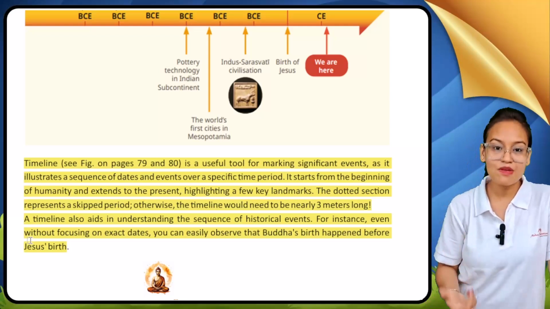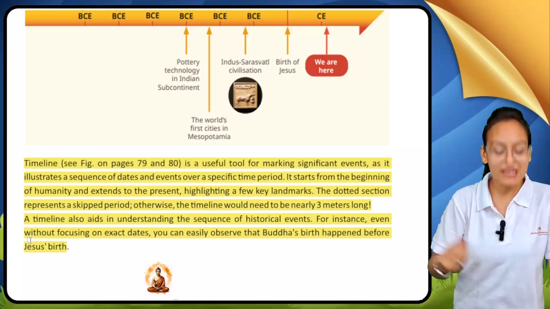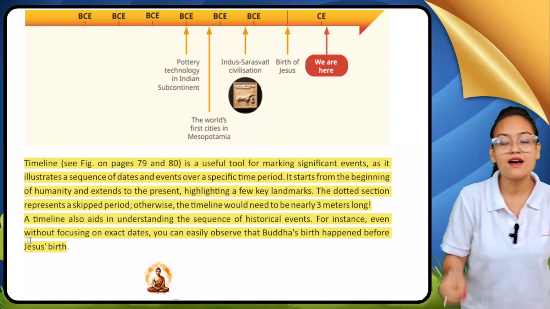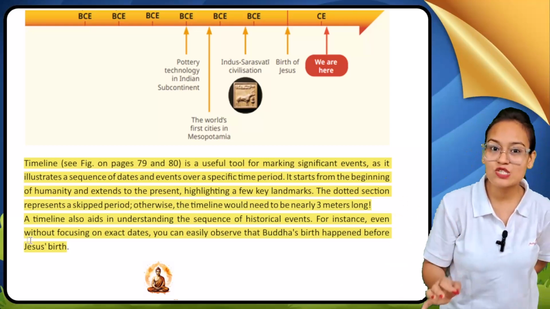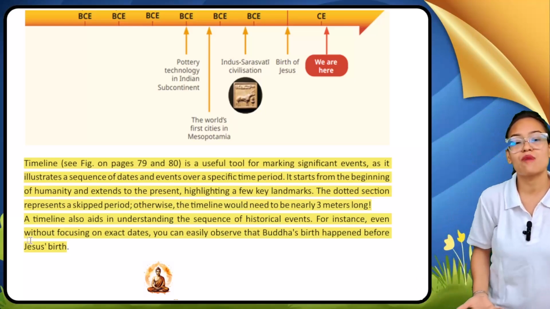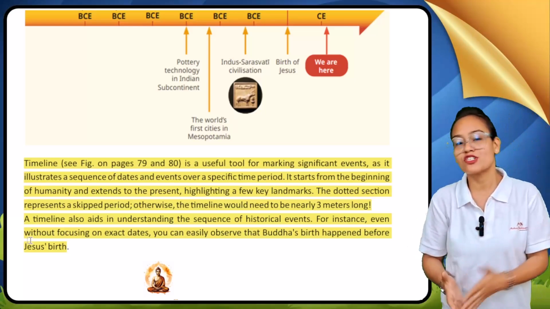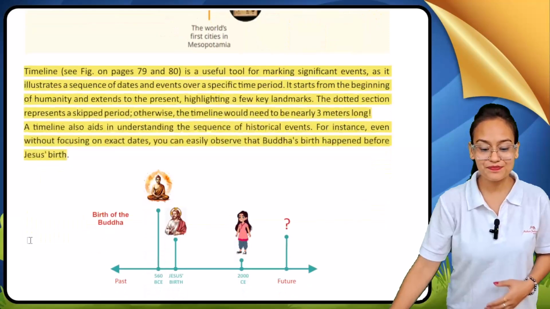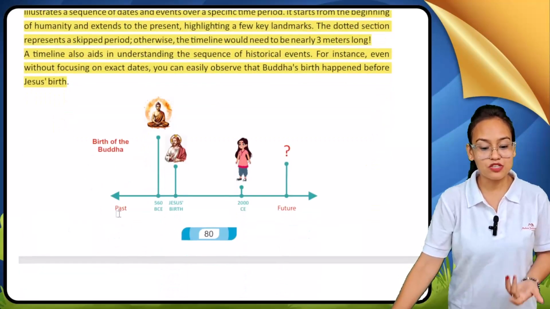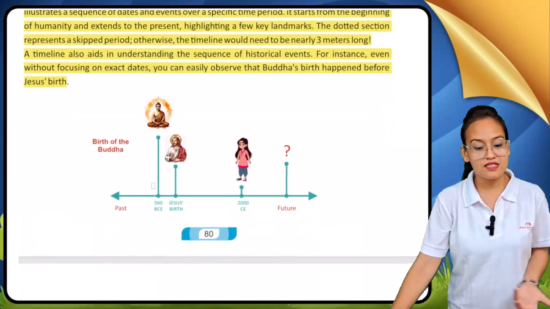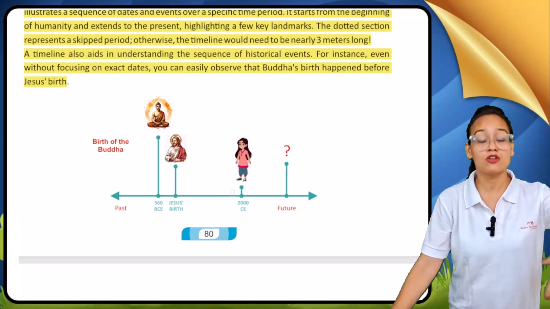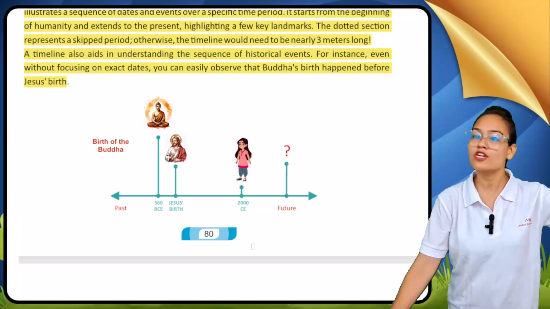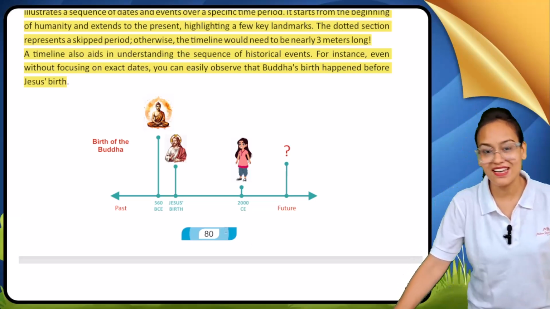So how do we know at which date or era a particular personality was born? Through this timeline. So if you want to know much more about history, you must have knowledge of the timeline. Here you can see the birth of Buddha, then the birth of Jesus Christ, then we modern human beings, and the future we don't know, but we can only analyze our future.